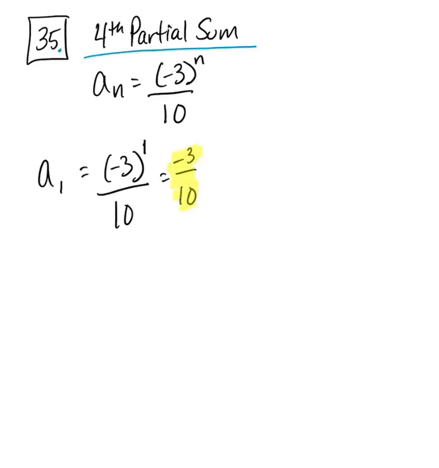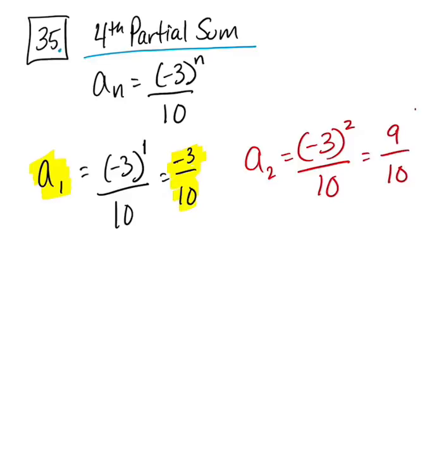That's the first term. So now I want to go and find the second term, a sub 2. That's negative 3, and then replace with the 2, to the power of 2. And that gives me 9 over 10. Okay, and that's the value of my second term.